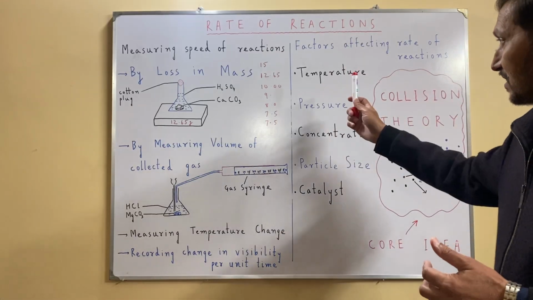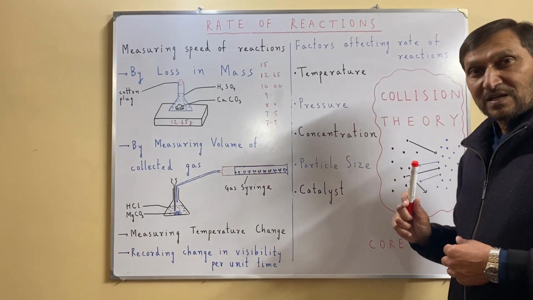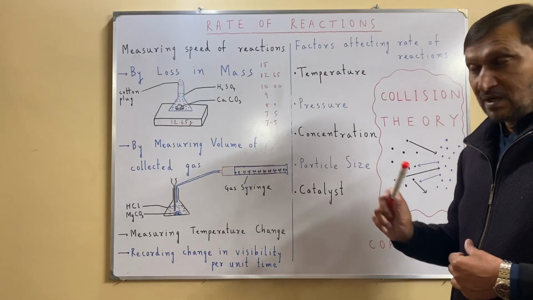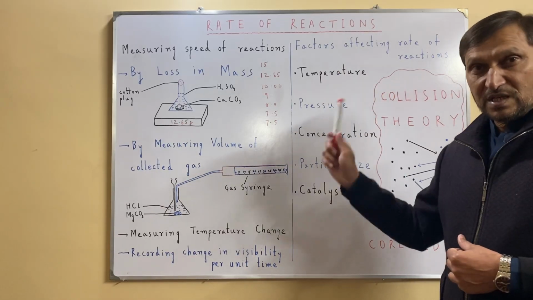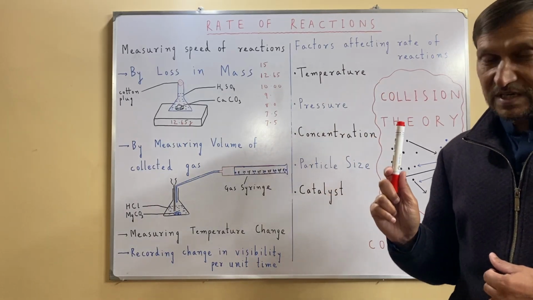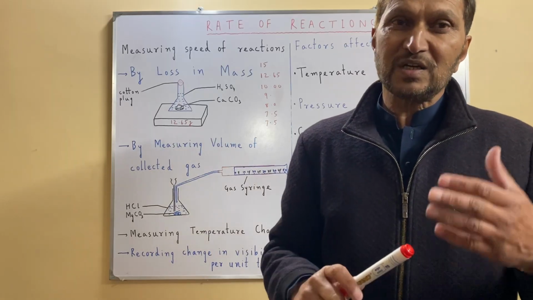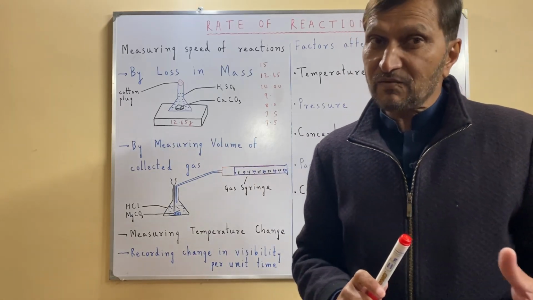So now let us understand how temperature affects the reaction with the help of this collision theory. When temperature is increased, generally the speed of reaction increases. Why?